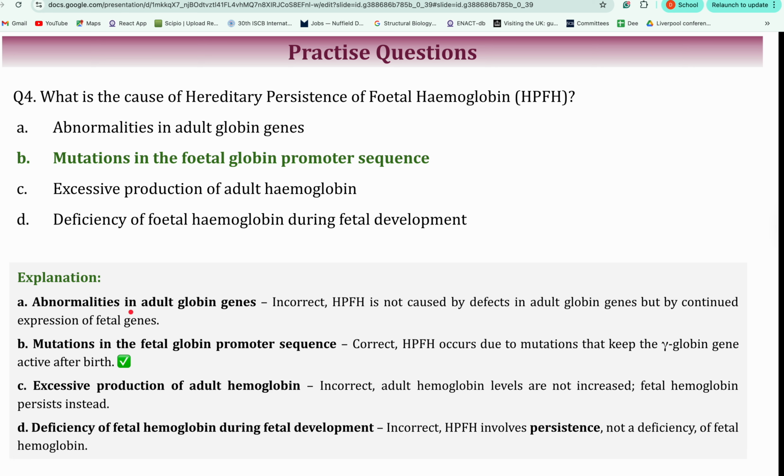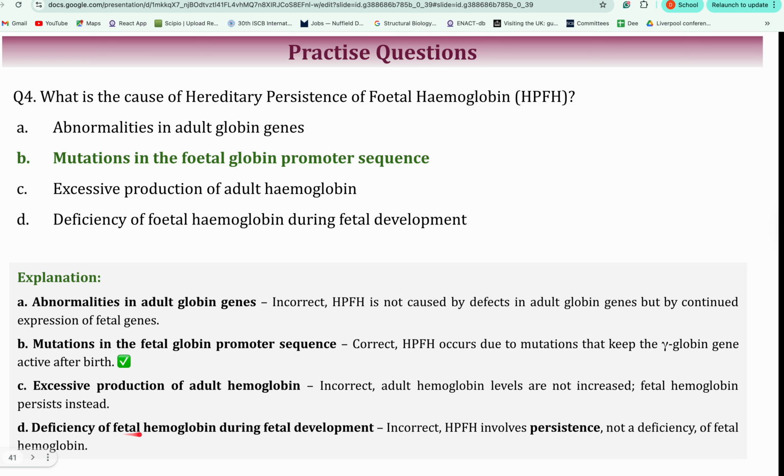So the first option was abnormalities in the adult globin genes. This is incorrect because it is not caused by the adult globin genes, but by the continued expression of fetal genes. Then the third option was excessive production of adult hemoglobin. This is also incorrect because adult hemoglobin levels are not increased, fetal hemoglobin levels are persisting. So this is also not right.